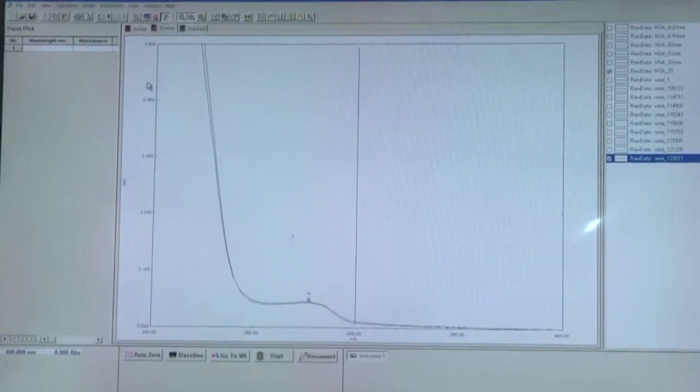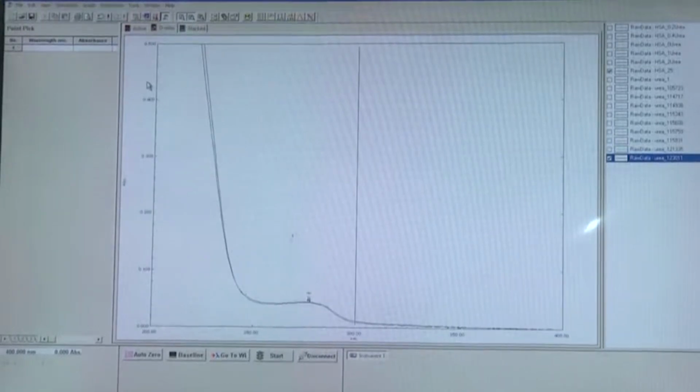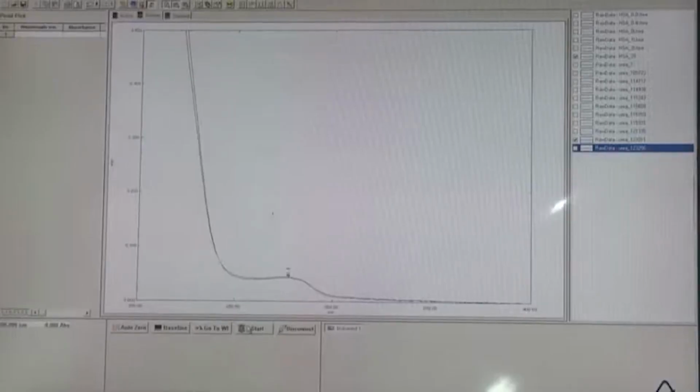Now, we will shift to 45 degrees centigrade and see what heat does to the protein structure. The auto zero has been done, it is set to 0, and let us start at 45 degrees centigrade. Here is the spectrum of the protein at 45 degrees centigrade.